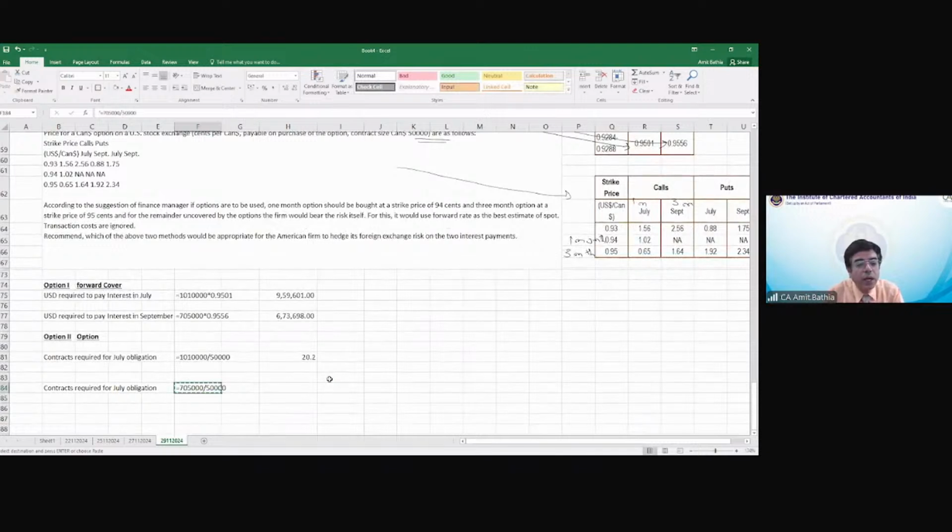You are going to accept that much risk. All right. So I'm going to have 14 contracts for the September obligation, and for July obligation, I will have 20 contracts. Are you all with me?